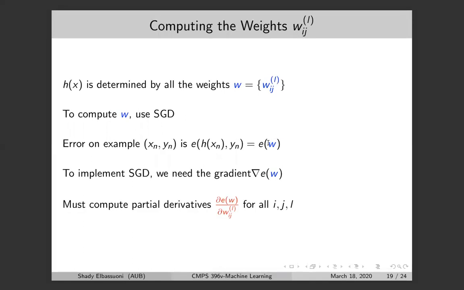So I need to compute the partial derivative of the error function with respect to every Wij of L for all i, j, L. For every weight, I compute the derivative and then update the weight: the old weight minus eta times the derivative of the error function with respect to this weight. Before we did it in vector form, but I can do it individually. For every weight, it's the same. I apply stochastic gradient descent on this weight alone.